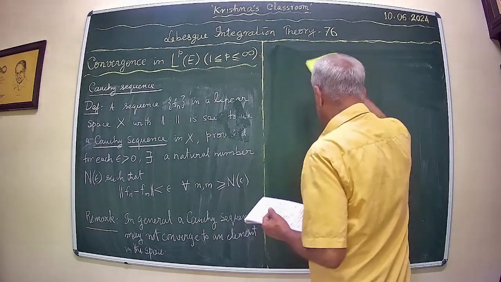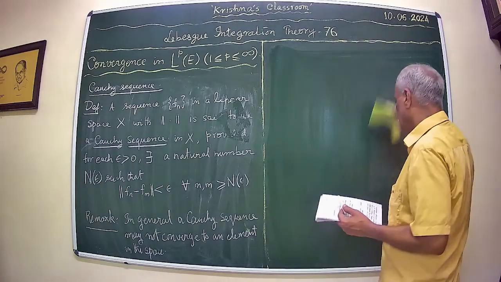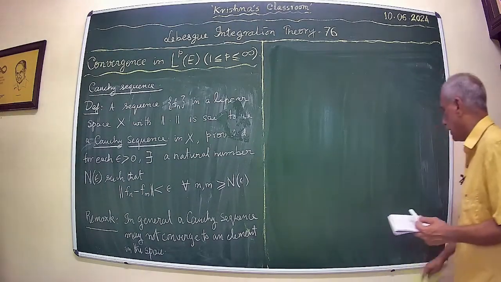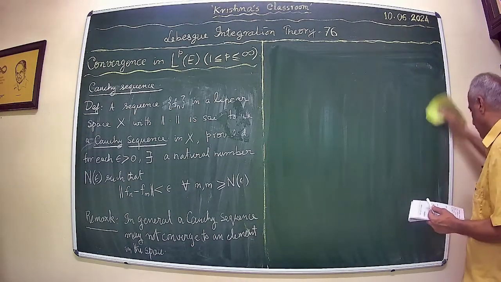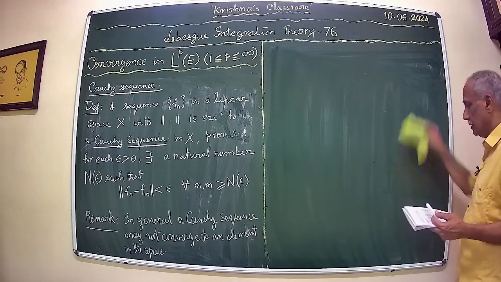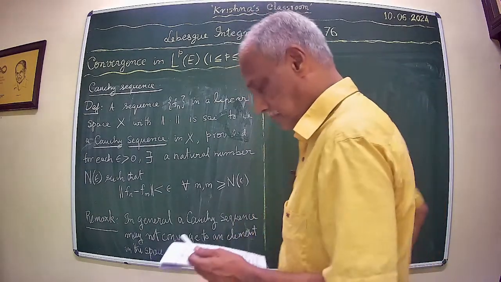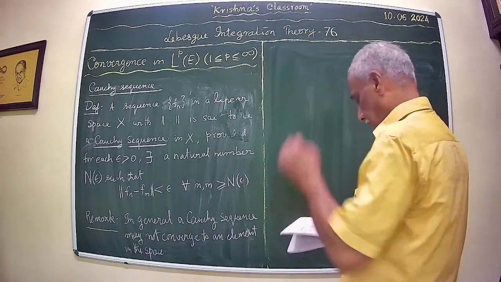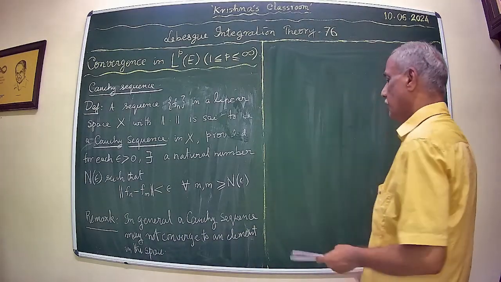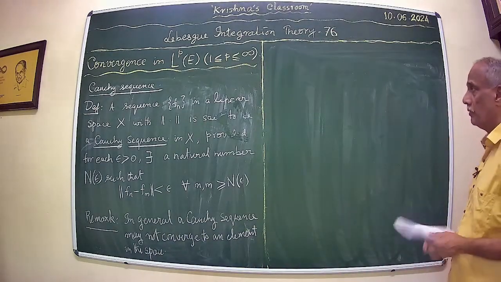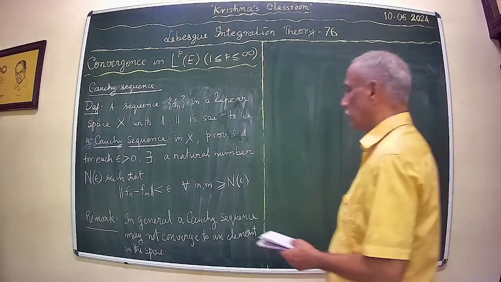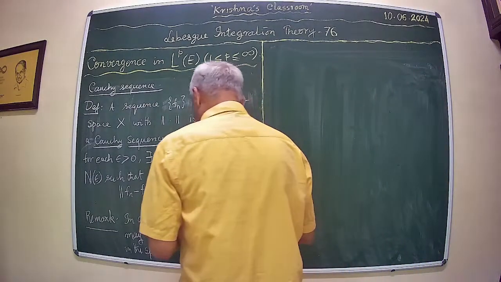So now what I want to observe is that every convergent sequence is a Cauchy sequence. Before that, we introduce the property called completeness.